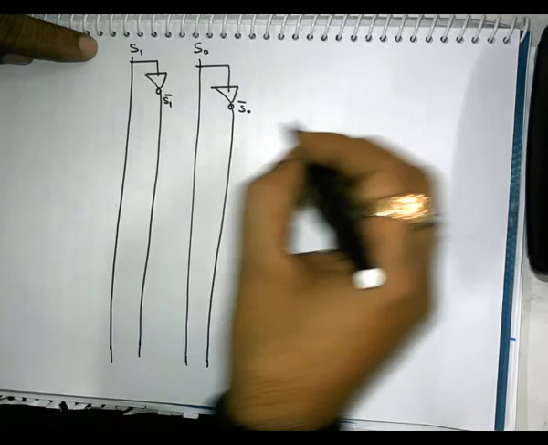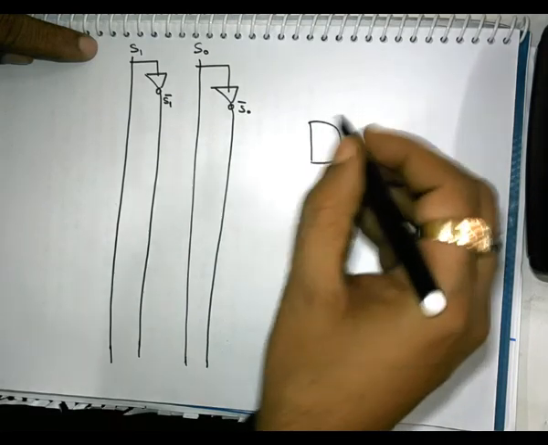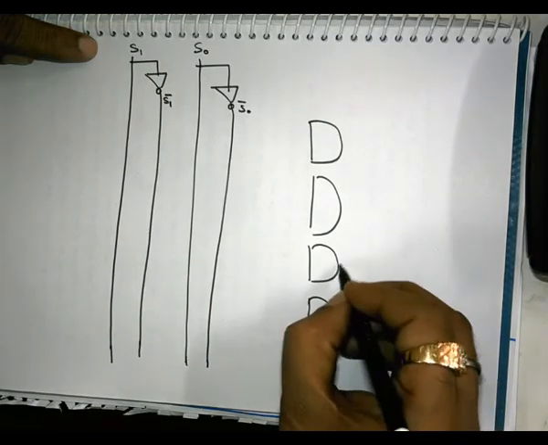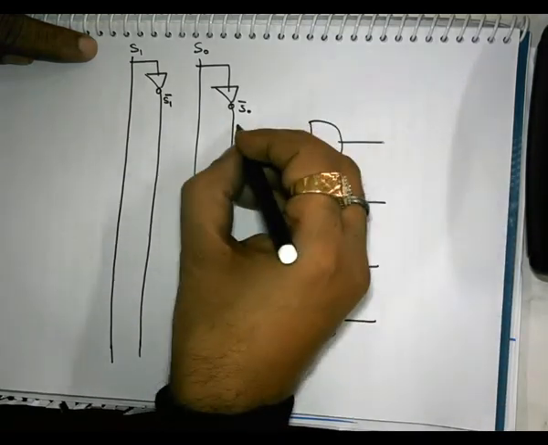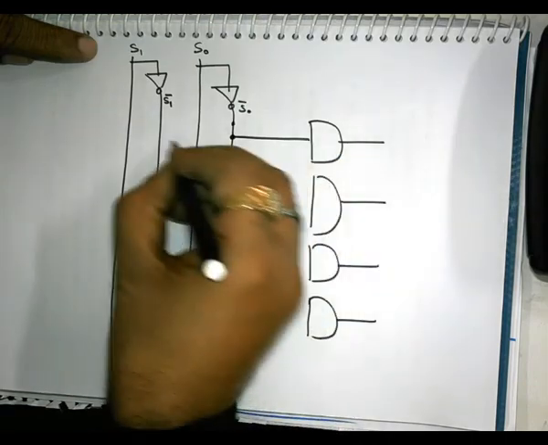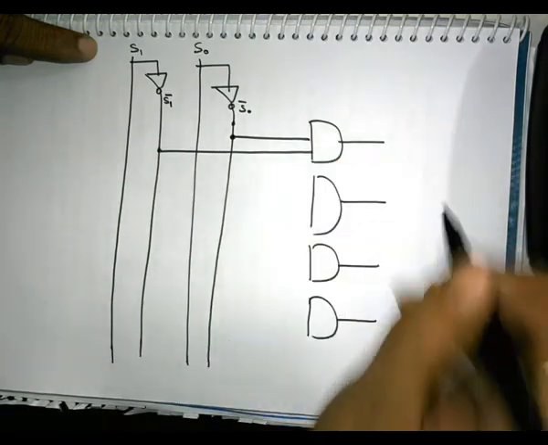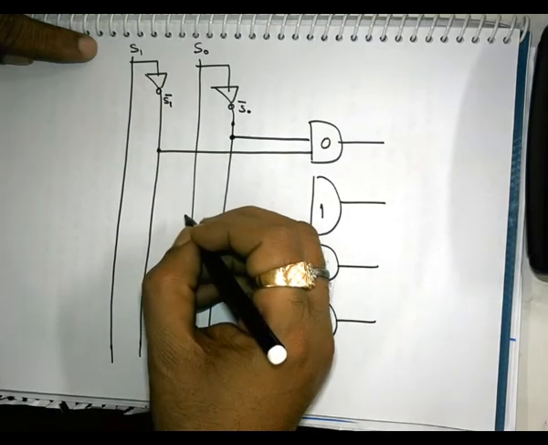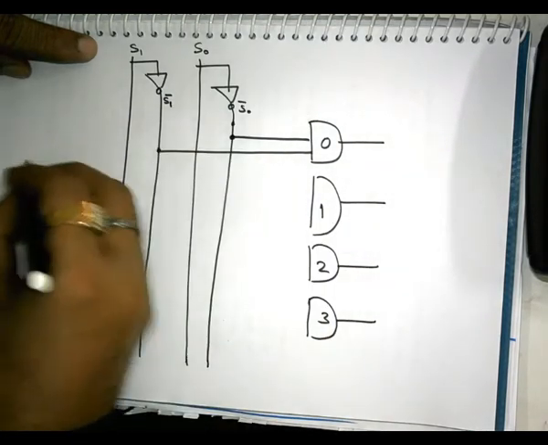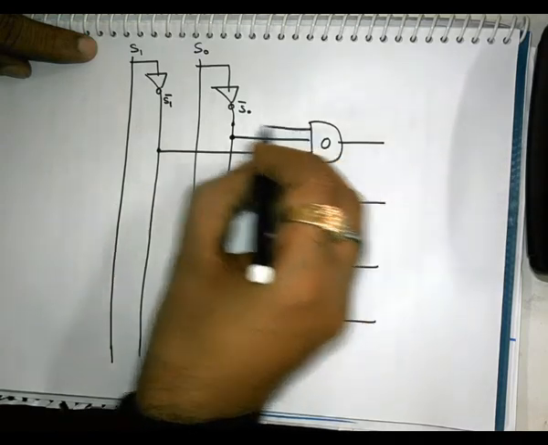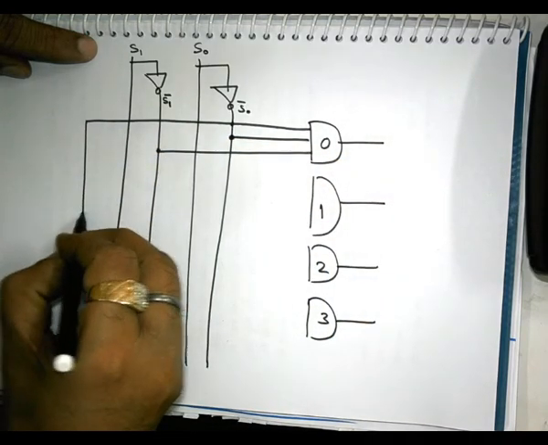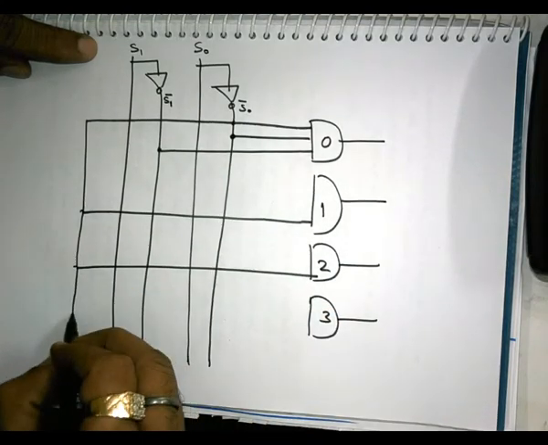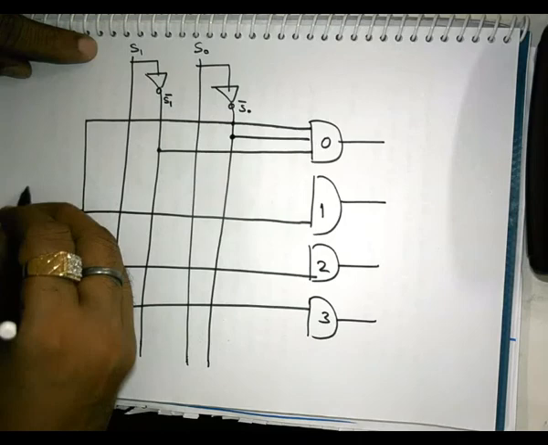So we have basically 4 AND gates, say gate number 0, 1, 2, 3, with S1 bar and S0 bar connected. The input which is coming is applied at all the gates.